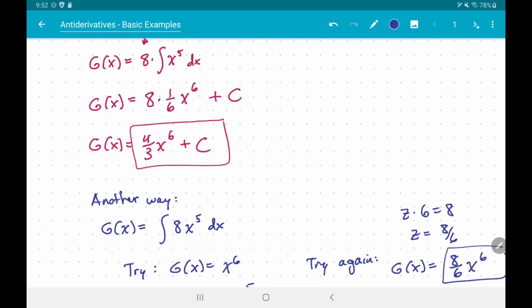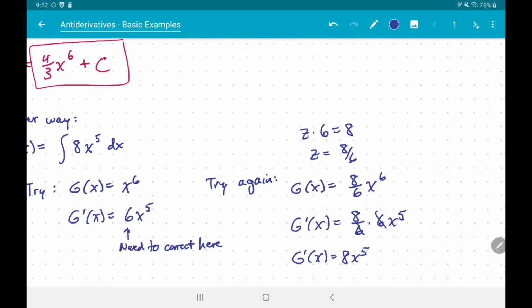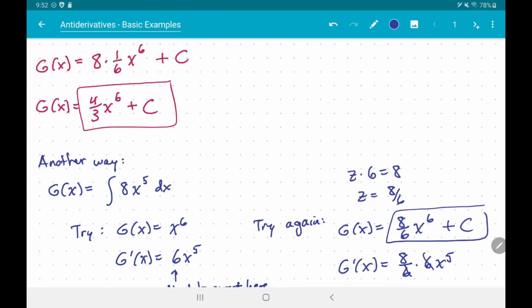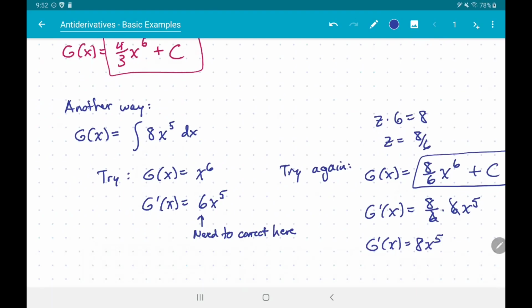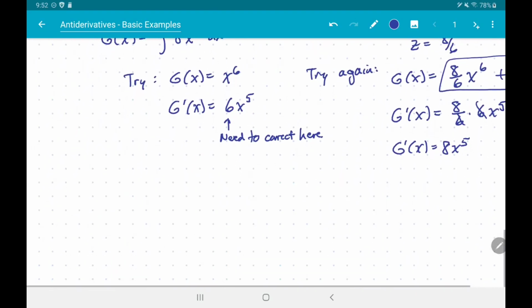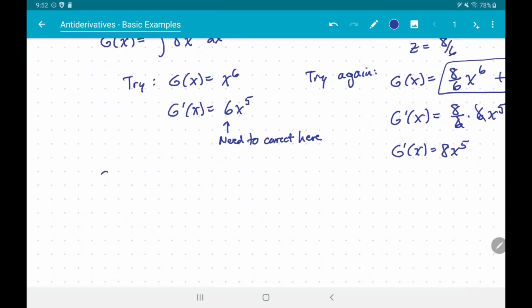And so again, let's just put the plus c in. And you can see that other than the fact that I haven't simplified the 8/6, this is the same thing that we had from before. Okay, so that's a couple of different ways to get the antiderivative. I'll go ahead and write it again, 3/4 x to the 6th plus c.